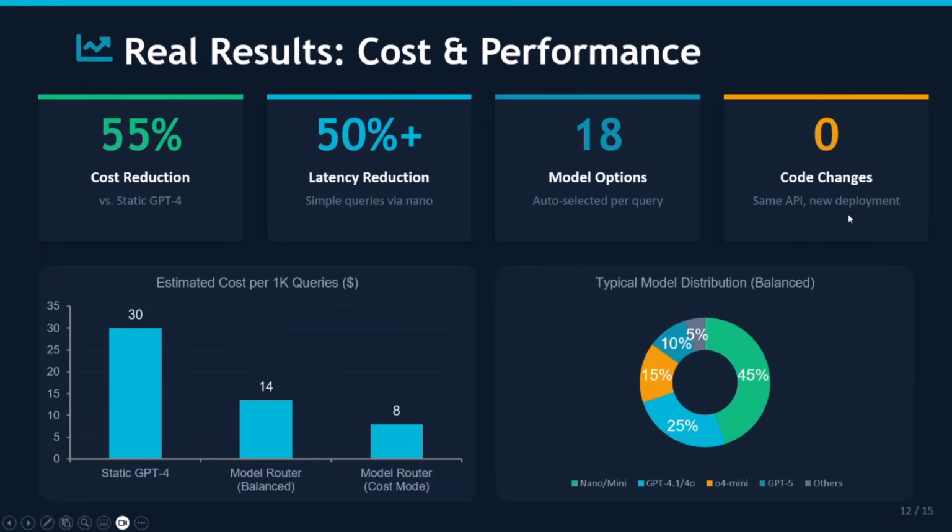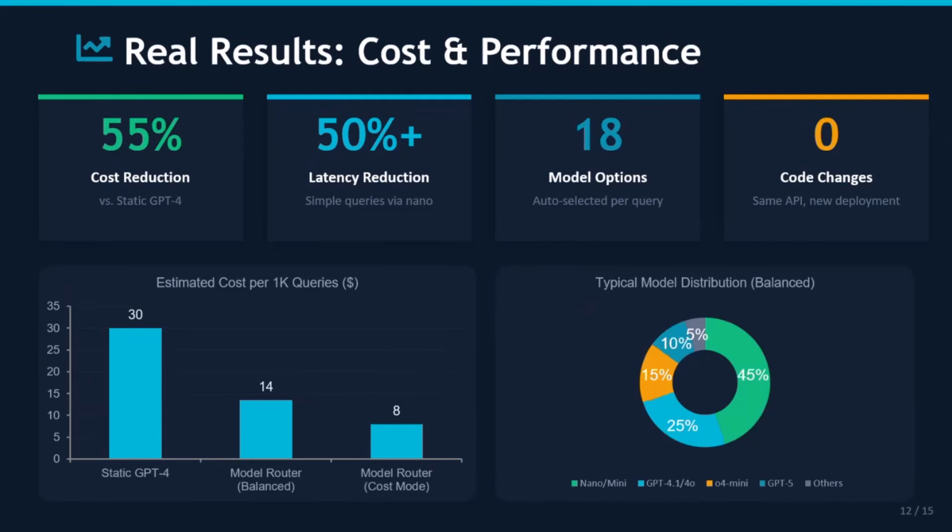So let me put real numbers on this. 55% average cost reduction versus a static GPT-4, and over 50% latency reduction on simple queries because Nano is blazing fast. 18 model options, auto-selected, zero code changes, and the bar chart tells you the story.